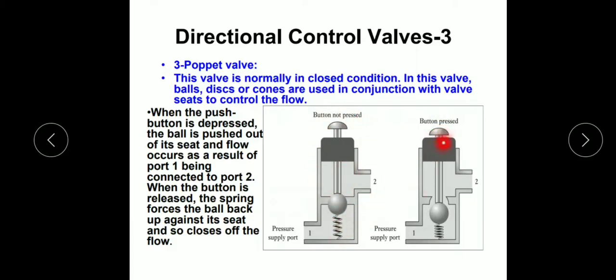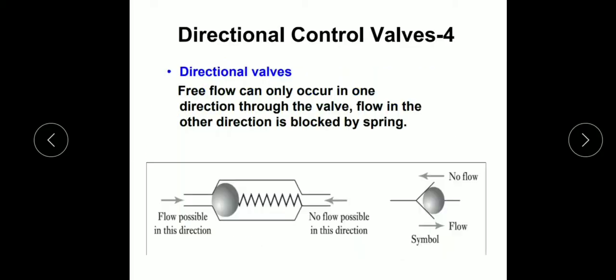When the push button or poppet button is pressed, the valve will be in open position and flow will be continuous until the button is released. When the button is released, due to the spring back effect, the ball will return to the initial position and stop the flow. This is the functioning of a poppet type direction control valve.